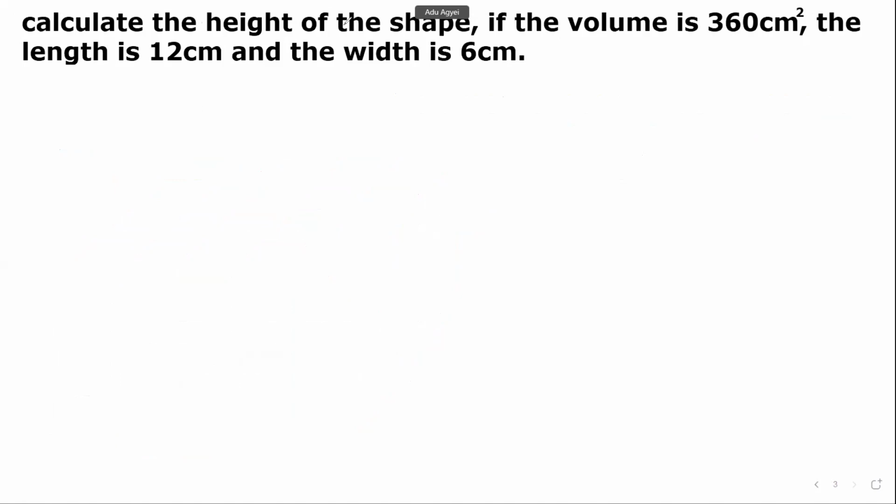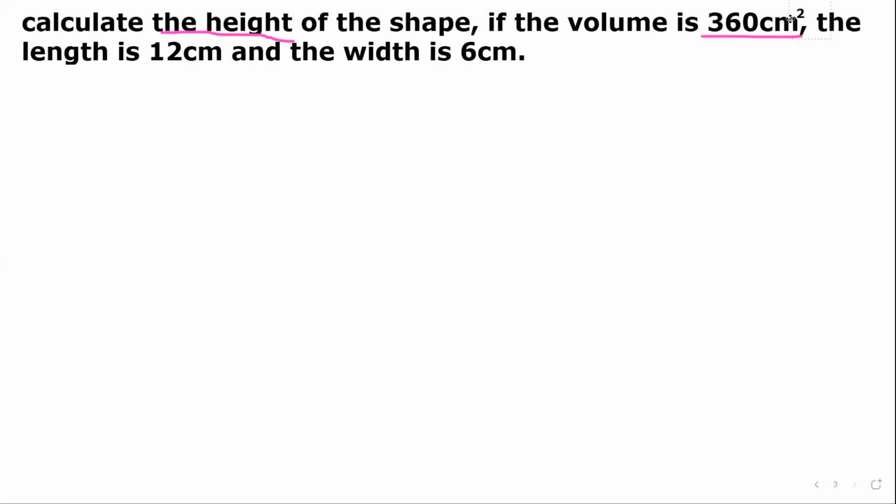The height of the shape, which means the height here is omitted from the diagram that has been estimated. So here, calculate the height of the shape if the volume is 360.